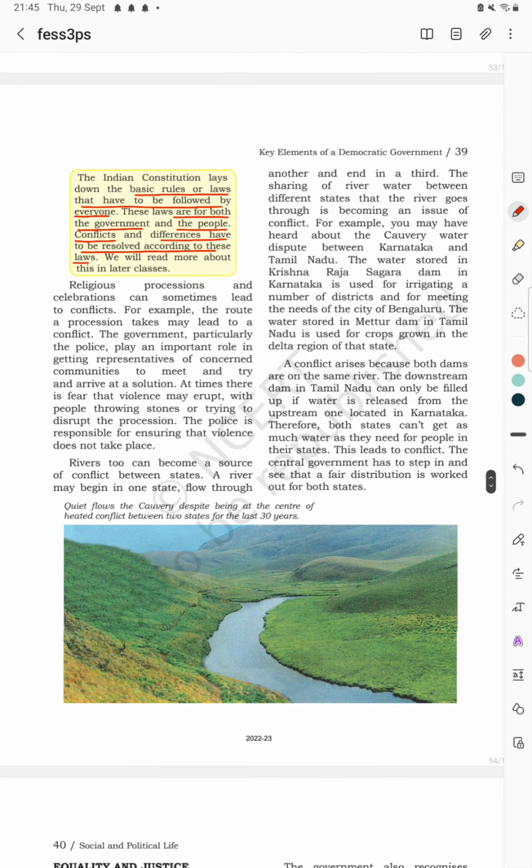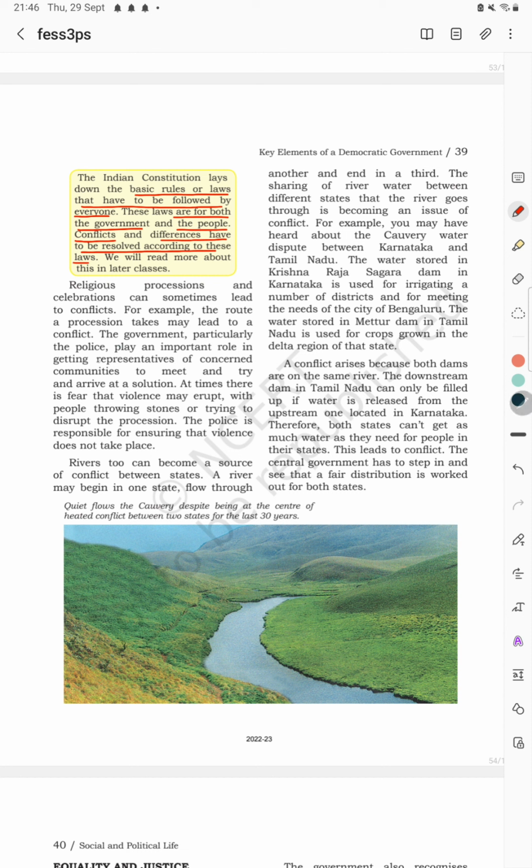Similarly, religious processions and celebrations can sometimes lead to conflict. For example, the route a procession takes may lead to a conflict, as we have seen in the case of the Muharram procession or any procession of another religious community. Being a multi-religious country, it is very common in India.